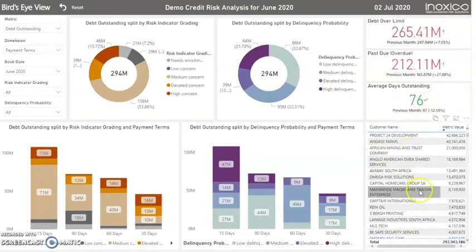On the right hand side here, if you had to select any of these risk categories, it would then show you the particular businesses with the exposure that is sitting within that risk category. So this at a snapshot is the bird's eye view of the debtors ledger at month end.